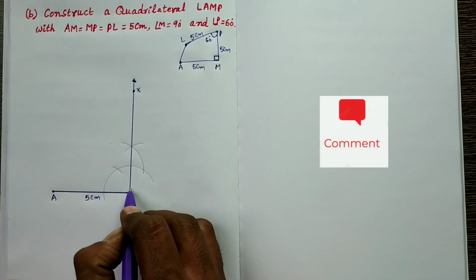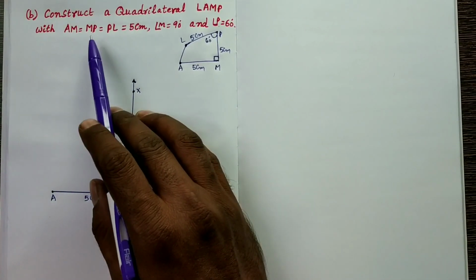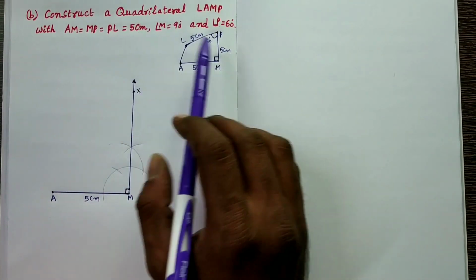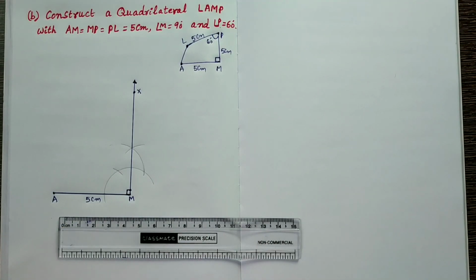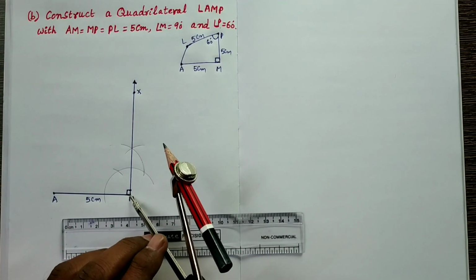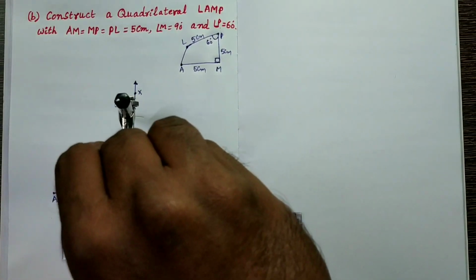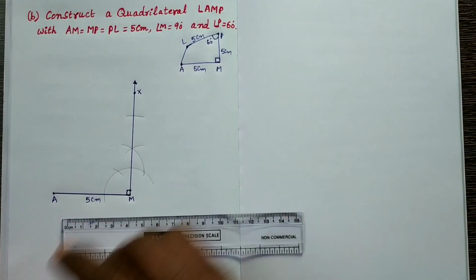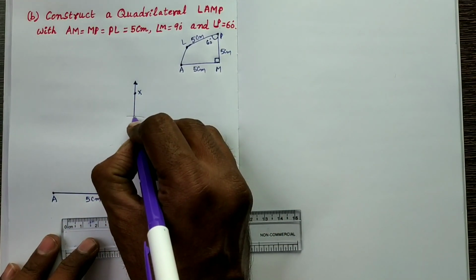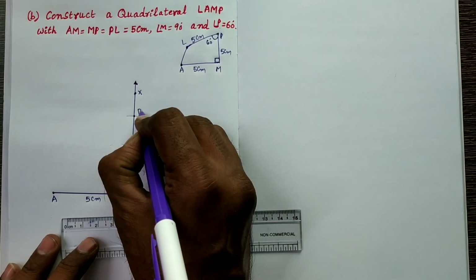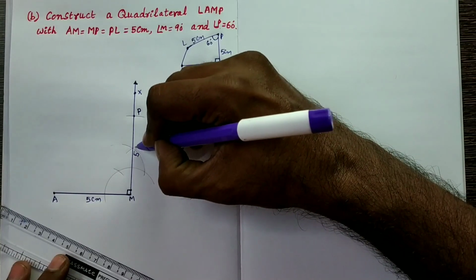Angle M is 90 degrees, and MP is equal to 5 centimeters. Take 5 centimeters radius with the compass, take M as the center, draw an arc. It cuts the ray MX at P. The length of MP is 5 centimeters.